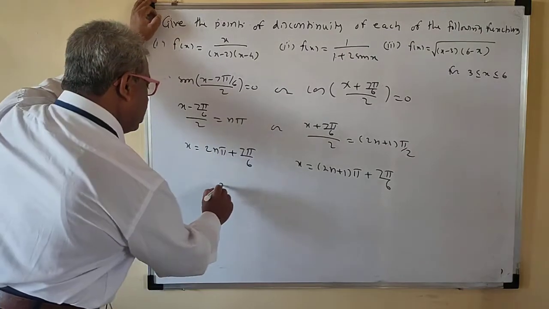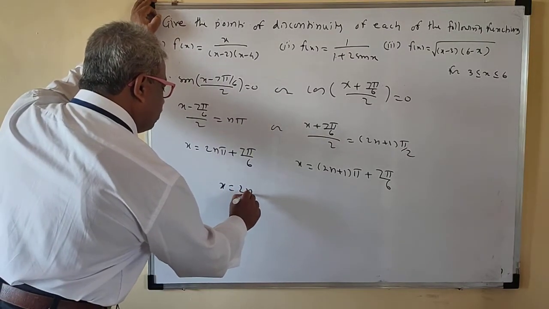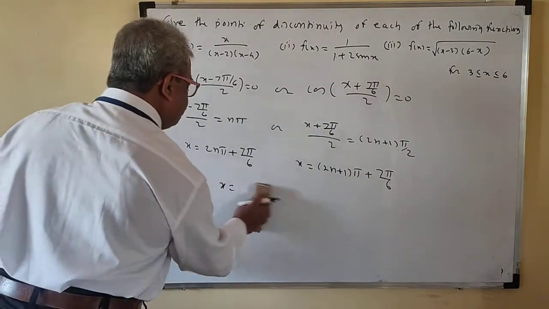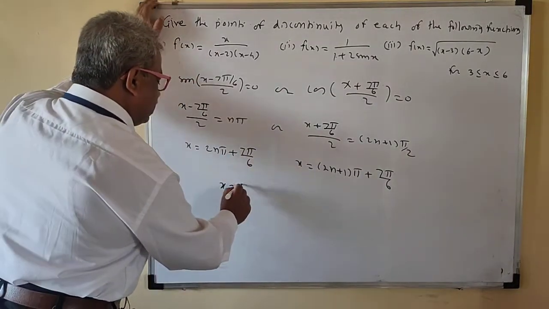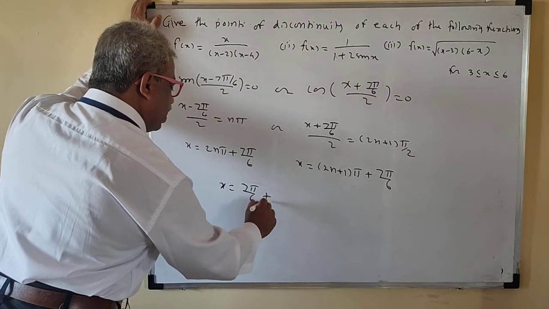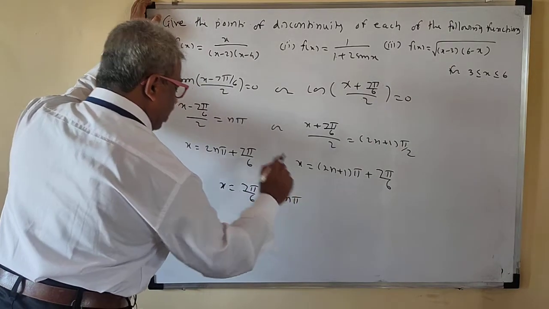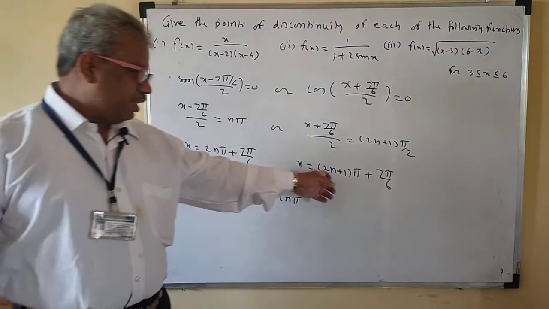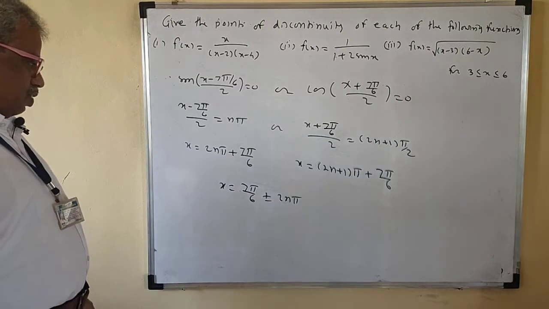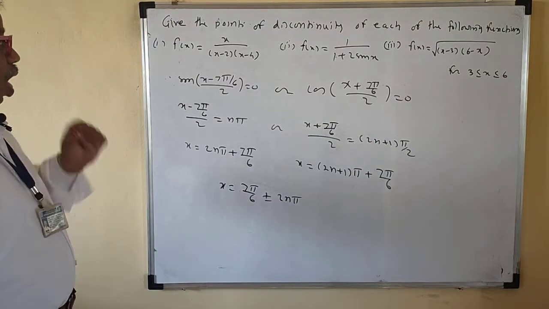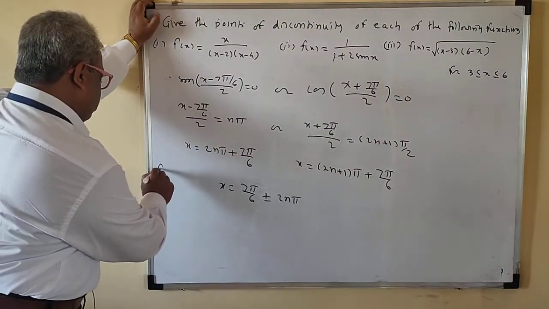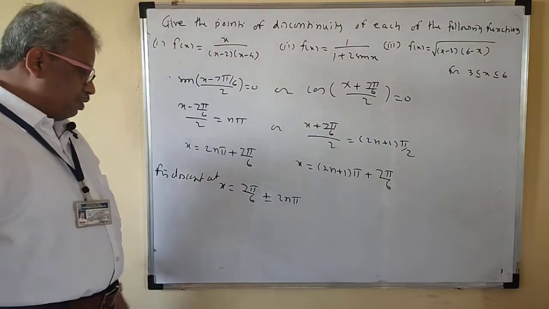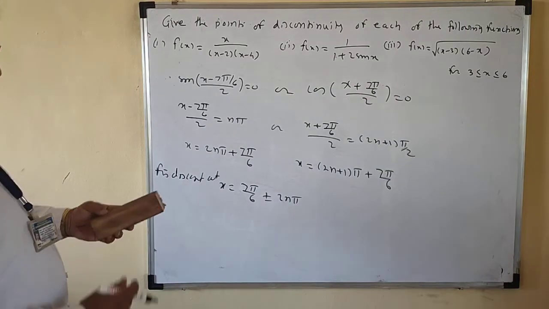So we may write here x is equal to 7 pi by 6 plus or minus 2n pi. So f is discontinuous at x is equal to 7 pi by 6 plus or minus 2n pi.